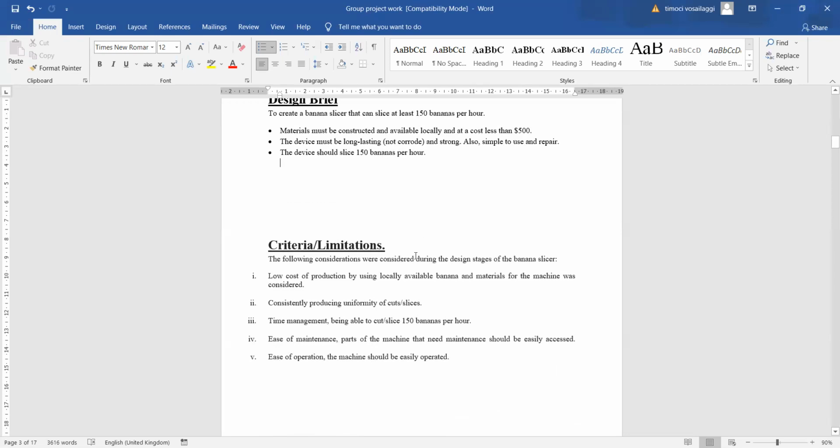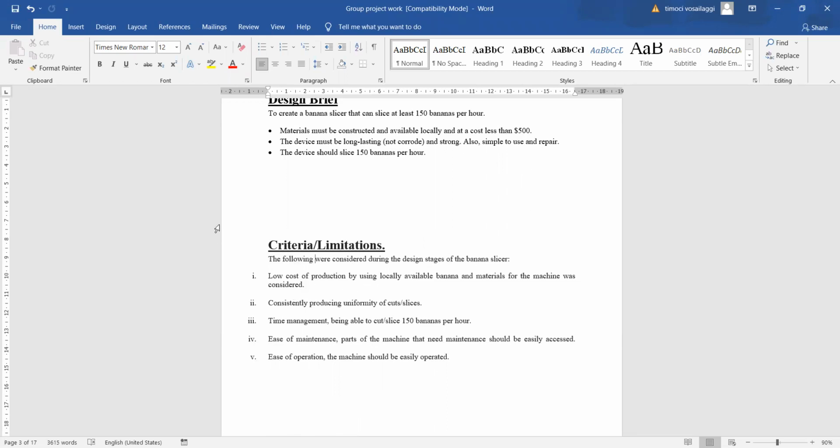Criteria and limitations. The following considerations were considered. Okay, that's repetition. So the following were considered during the design stages of the banana slicer.